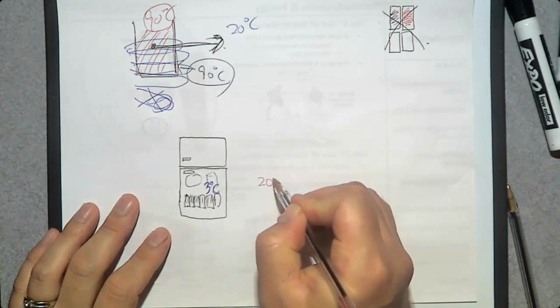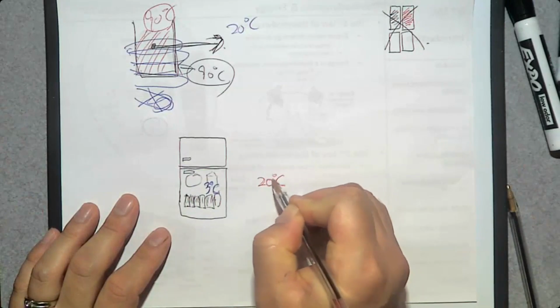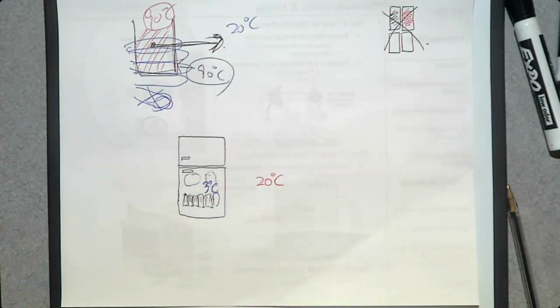So outside is 20 degrees Celsius. So what's going to happen thermodynamically? There's a heat transfer based on the second law of thermodynamics, from outside to inside. Then what happened to your food and your beer? The temperature goes up, right?